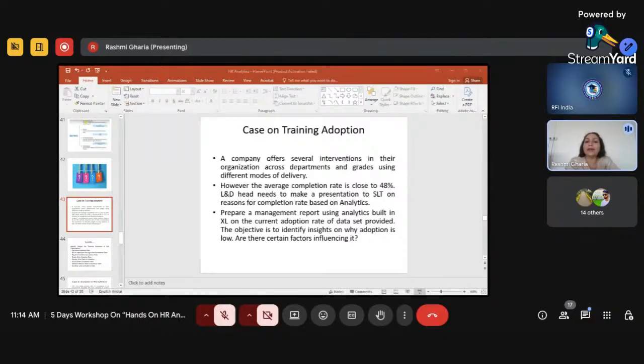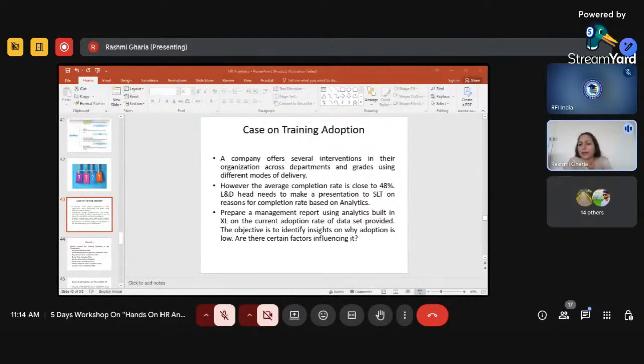And being an L&D head, the L&D head needs to make a presentation in front of the senior leaders of the team on the reasons for the completion rate based on the analytics, because he is answerable. Suppose the company invested lakhs of rupees on the training program.